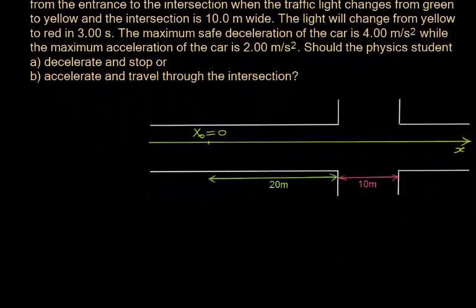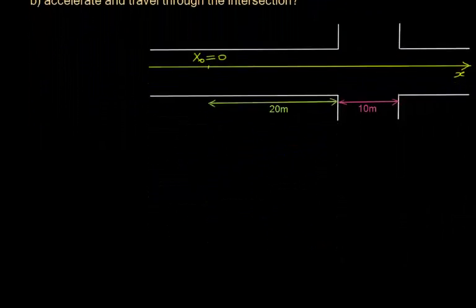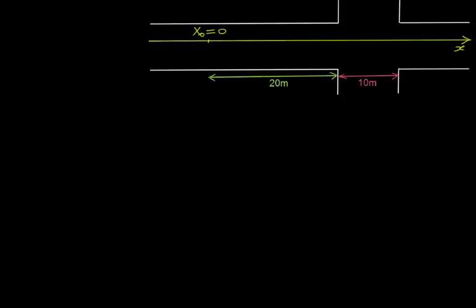In the case when the student decides to decelerate the car, the information that is known to us for that motion is the following. That is part A. The initial velocity v0 is known to equal 14.7 meters per second. Since the car is decelerating, eventually at some point in time it is going to come to rest, meaning that the final velocity is going to equal 0.